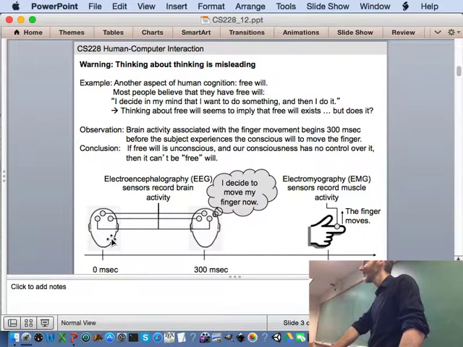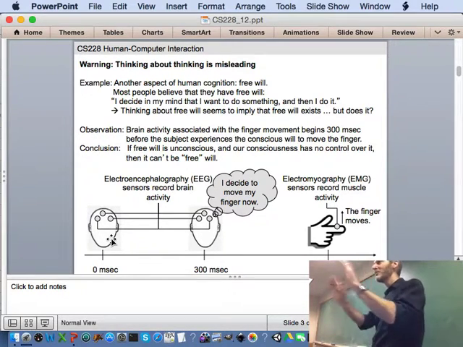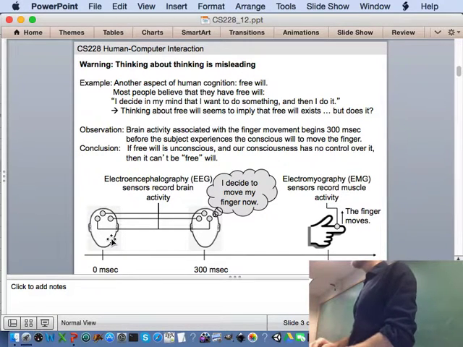But it wasn't really the conscious I, it was the unconscious part of their brain that decided. Okay, so I am not here to try and dampen your Monday morning that you don't have free will, but this is one of many, many examples that shows that our feelings about our mental processes may not be as obvious as we think they are.